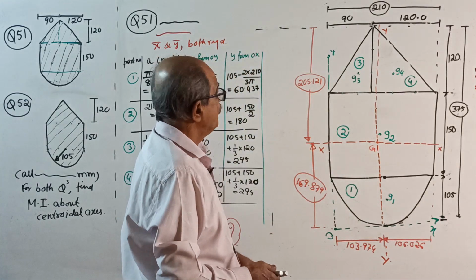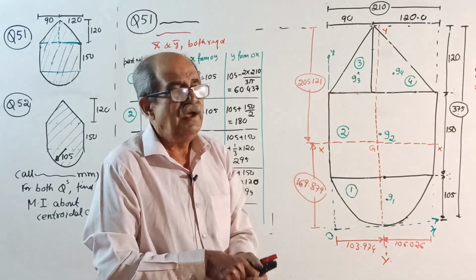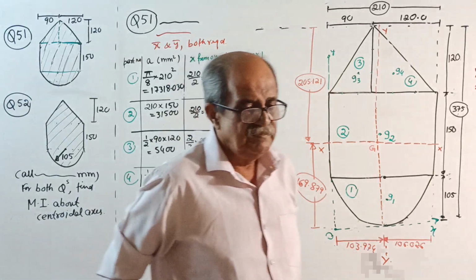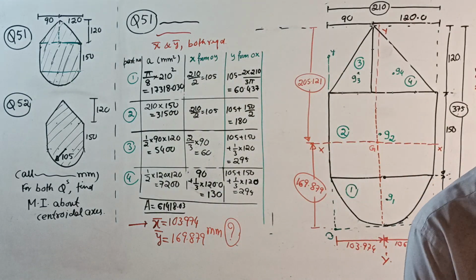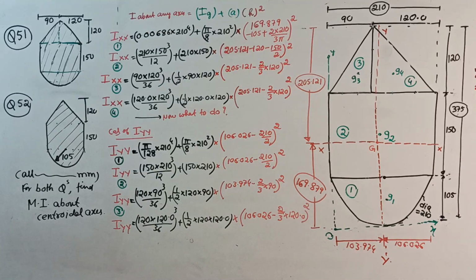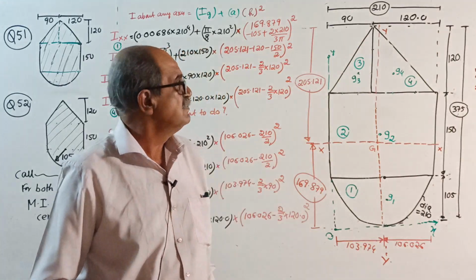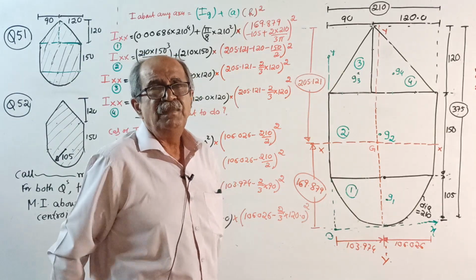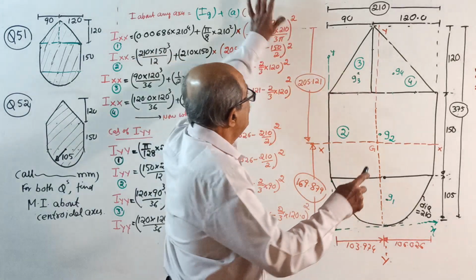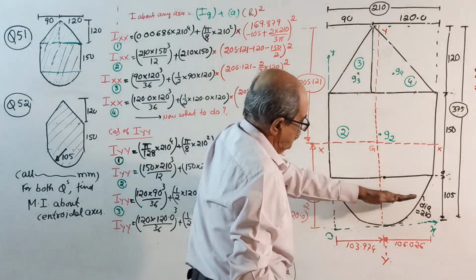Now you have to calculate moment of inertia. Before I go to the calculation, as I write, I will explain. Okay, now start moment of inertia. Before starting, as usual, I will tell you, for the triangle and semicircle, its own centroidal axis will be here.